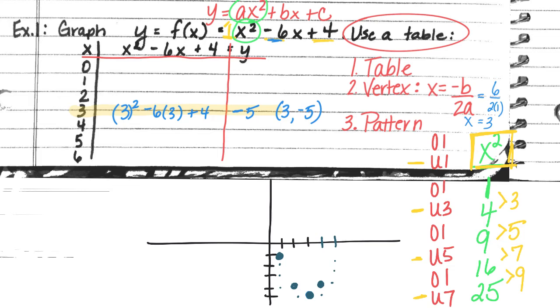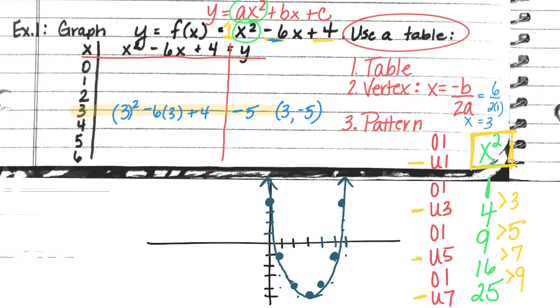From that dot, I'm going to go over 1, up 1, 2, 3, 4, 5. Now, you probably won't do this many dots, but this is what the parabola will look like. It always has this pattern, over 1, up 1, over 1, up 3, over 1, up 5.